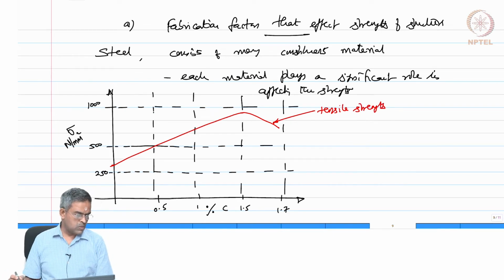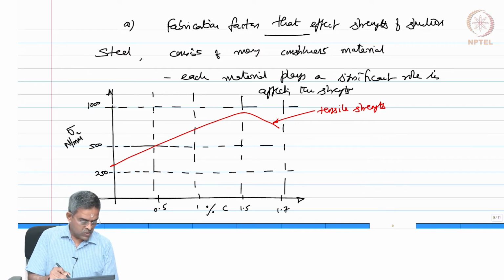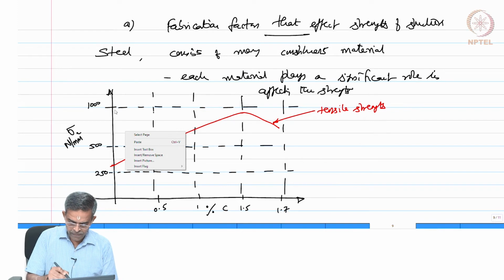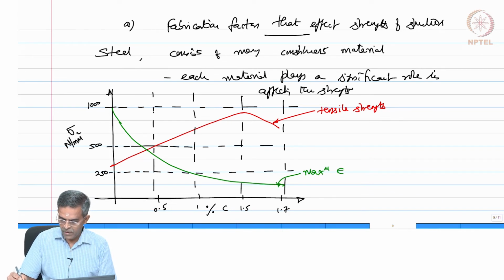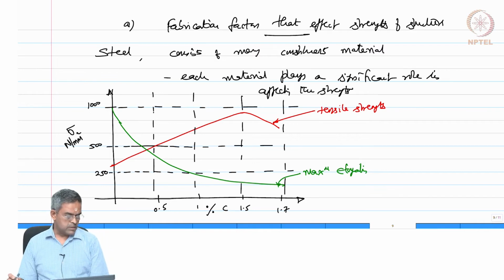Let us talk about the maximum strain or maximum elongation. Okay? The maximum elongation decreases from 1000 with the increase in carbon content.